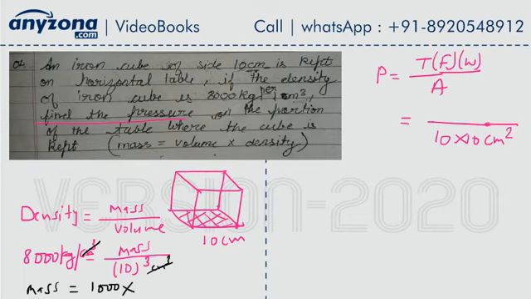Volume is 1000 because 10 cube is 1000, and density is 8000 kg. This is the mass, okay.